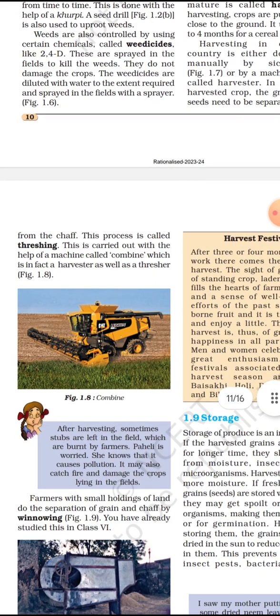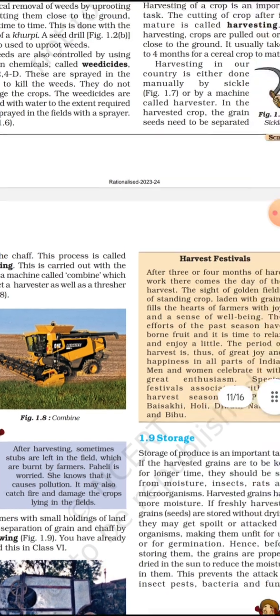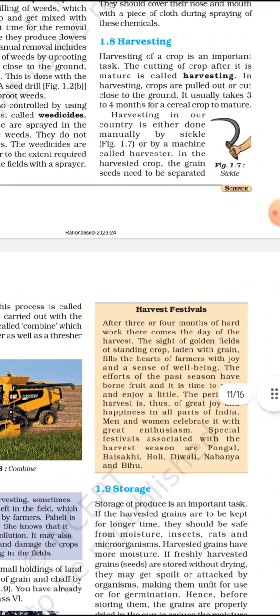Farmers with small holdings can separate grain and chaff by a method called winnowing. Harvesting takes 3 to 4 months, since the growing of the crop and getting mature needs 3 to 4 months.